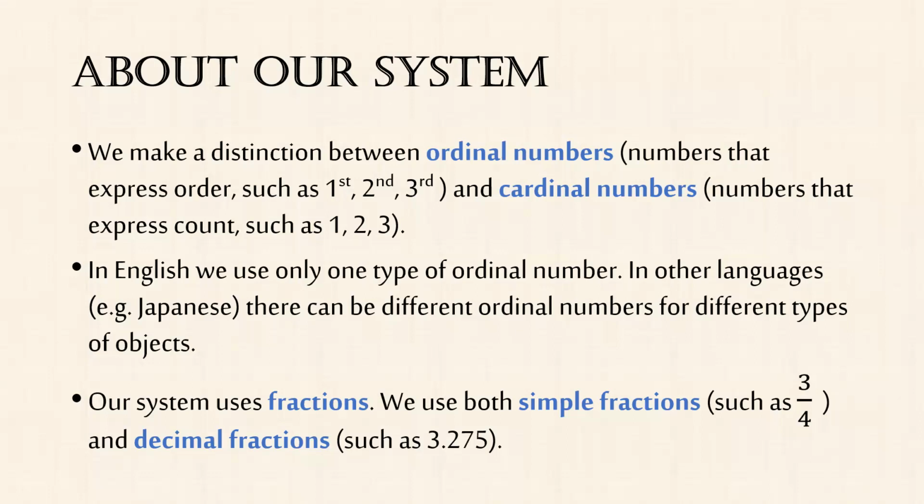Like in Japanese, they have different cardinal numbers for different kinds of things. I said ordinal, I need to fix that, it's cardinal. So things that are flat like pieces of paper have different numbers than things that are long and skinny like sticks.